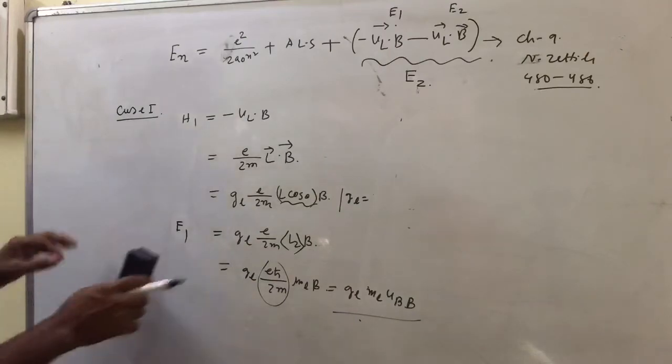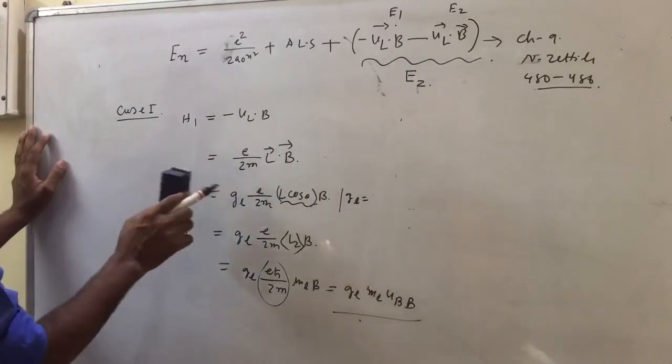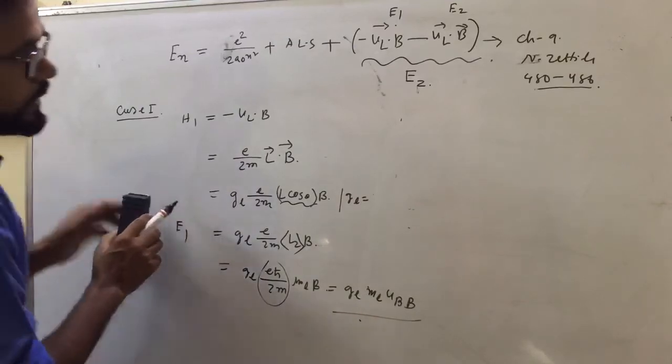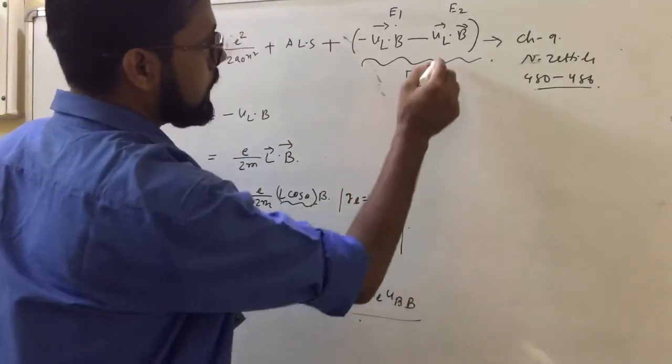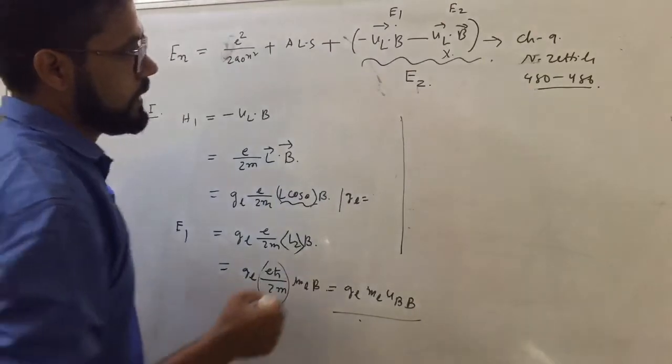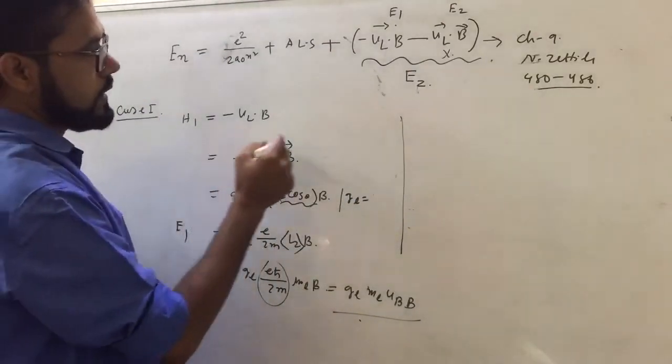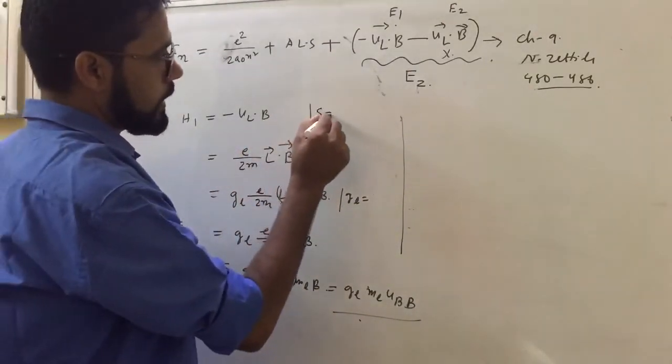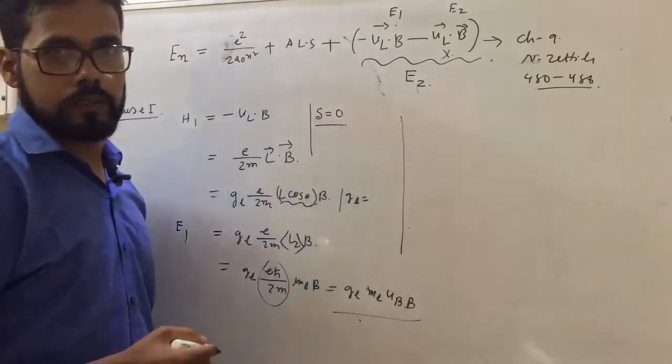So the total energy in that case, I am considering only this part, and not the spin part. Why not consider it? Because in this case I take S equal to 0. The spin of the electron is not considered.